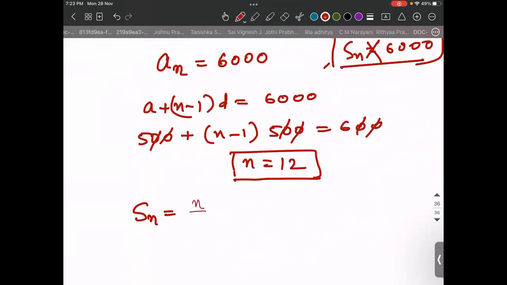Sn is N by 2 into 2A plus N minus 1 into D. N is 12 by 2 into 2 times of 500 plus 11 into 500.